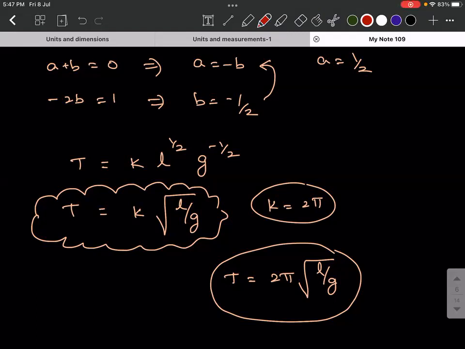Clear? So with this, we have done the dimensional analysis part. We will see the disadvantages of it. Shall I proceed? Those who are online, shall I proceed? Clear? Yes, sir.